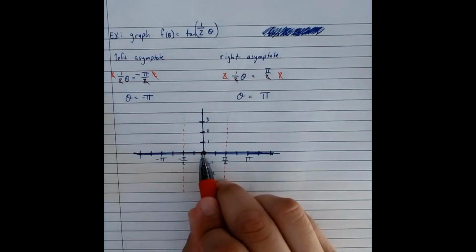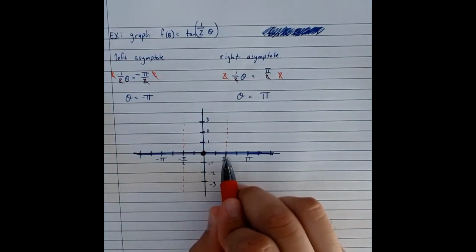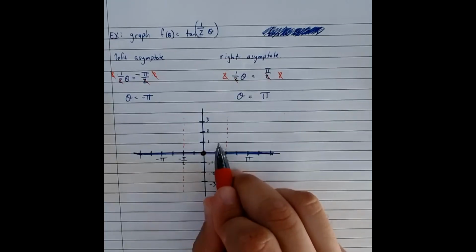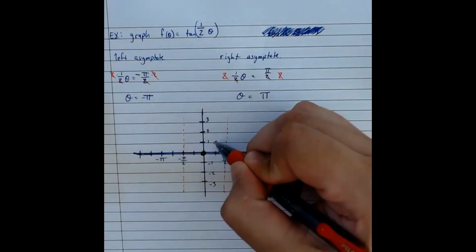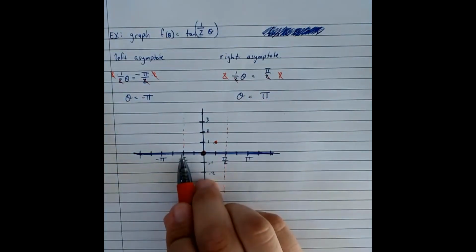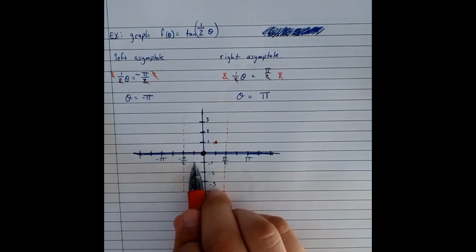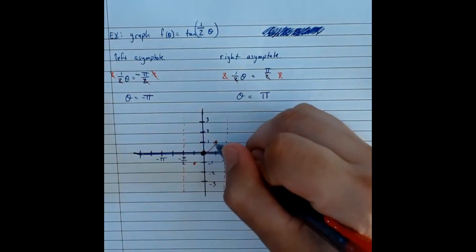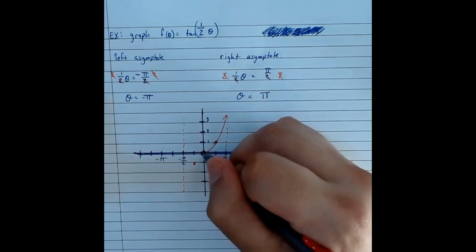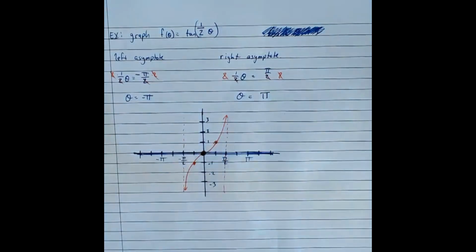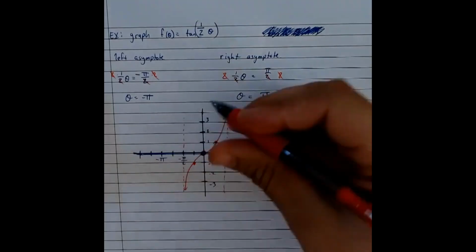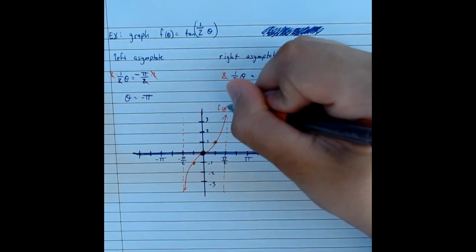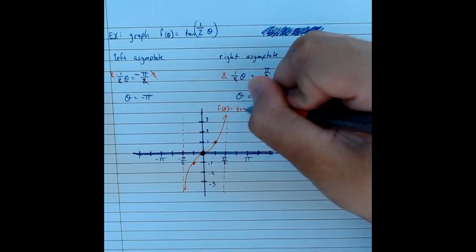Halfway between the origin and the right asymptote, which would be right here, the tangent is going to equal 1. And halfway between the left asymptote and the origin, the tangent value should be negative 1. Okay, and then you're going to follow the asymptotes in both directions. So this is the graph of f of theta equals the tangent of theta.